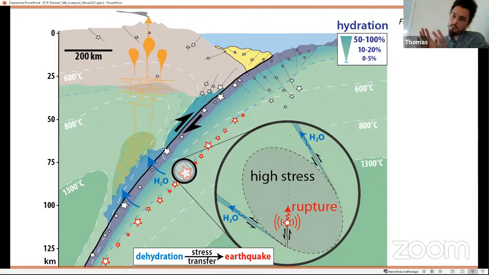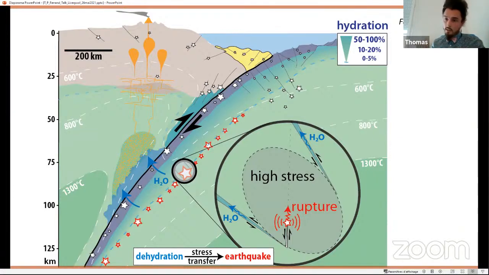And when you dehydrate this, you increase the stress distortion at the tip of these serpentinized faults, and then you increase the probability that you reach the rupture criteria. And then the ruptures occur not in the pre-existing faults, or not only, but most probably the ruptures affect fresh peridotite that is in between the faults, and that is elastically loaded.